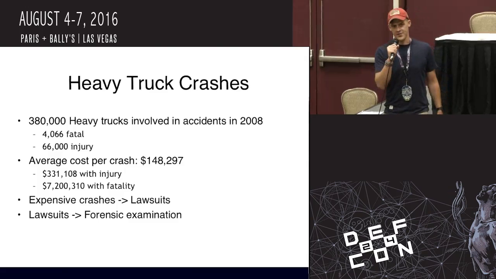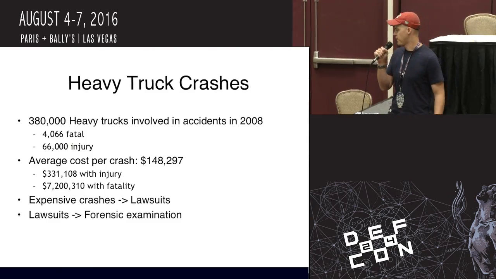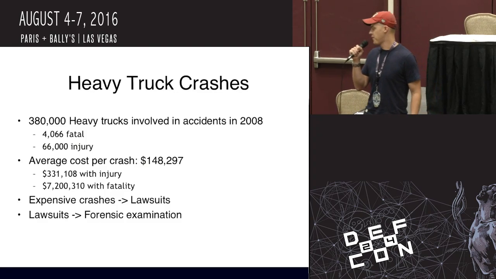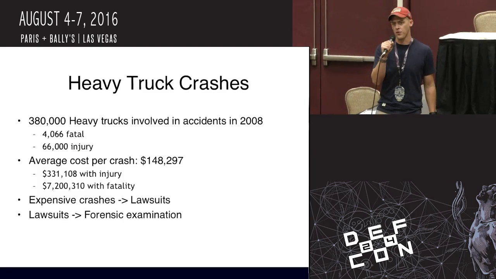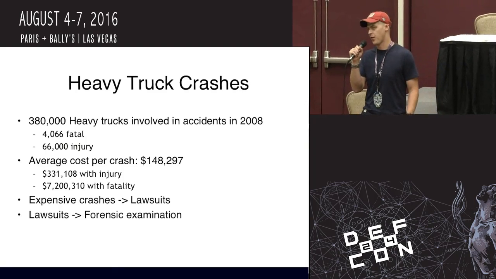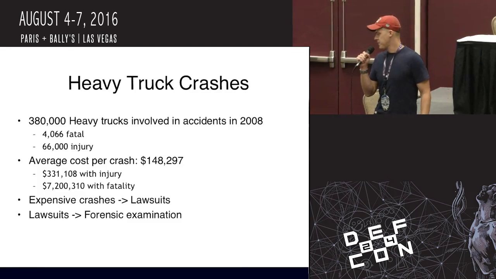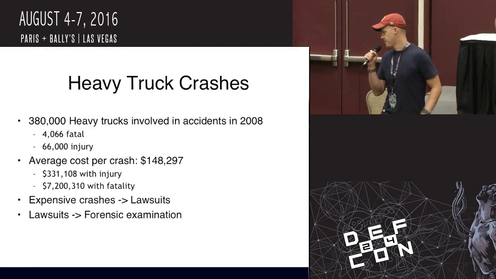So heavy truck crashes. Semi-trucks, big over-the-road trucks, haul lots of stuff. They crash into stuff all the time. In 2008, there were 380,000 of these involved in crashes just that year, 4,000 of which were fatal, and 66,000 were injury crashes, including the fatalities.